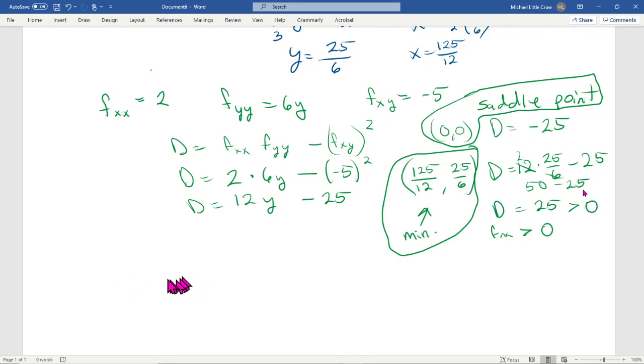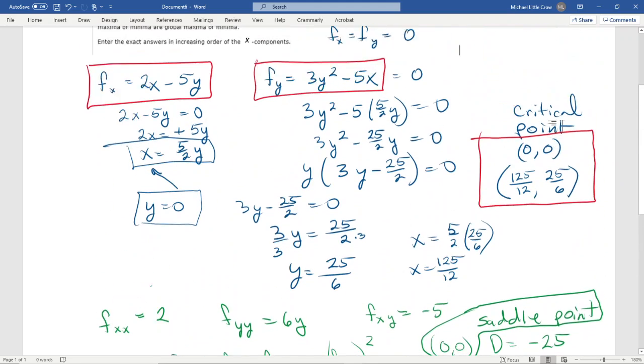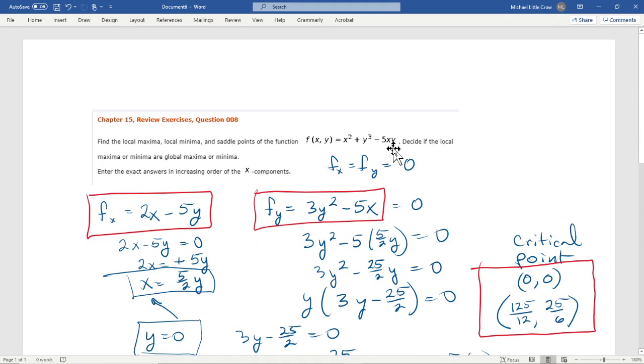It'd be nice to have a three-dimensional calculator so we could see what this graph looks like. But let's see, with our critical point, we plug that in. It's going to be a mess, right? 125 over 12, that's our x.